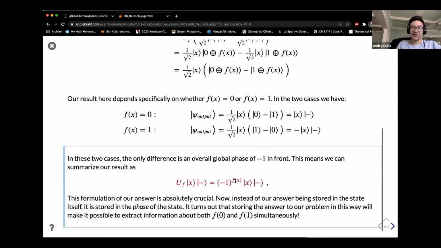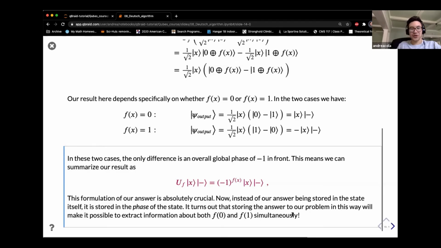It's minus 1 to the f of x. If f of x is 0, this will be a plus 1. If f of x is 1, this will be a minus 1. So in some sense, the information about f is stored in the phase now, no longer in the ket itself. It's stored in the phase, right?